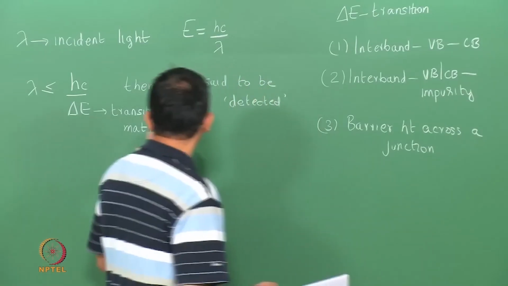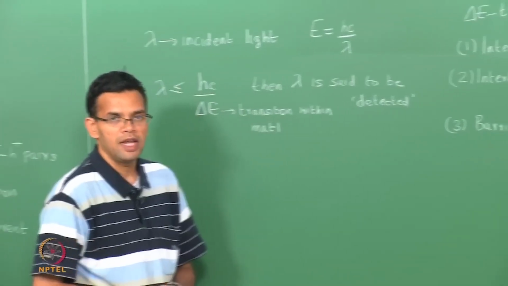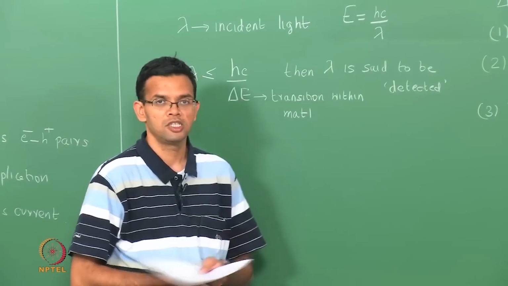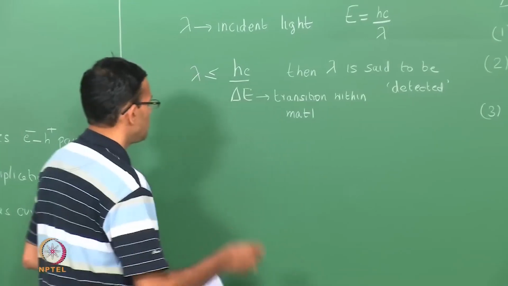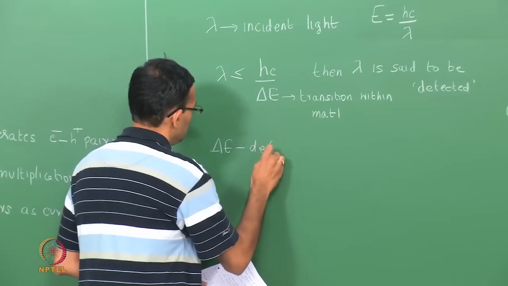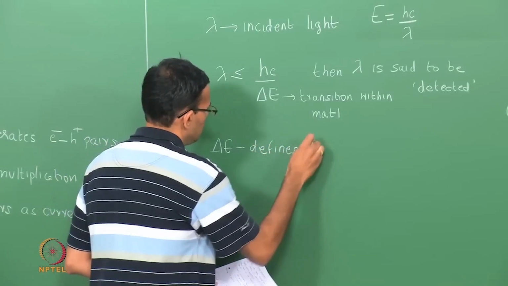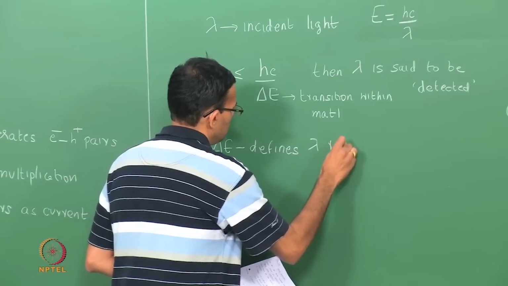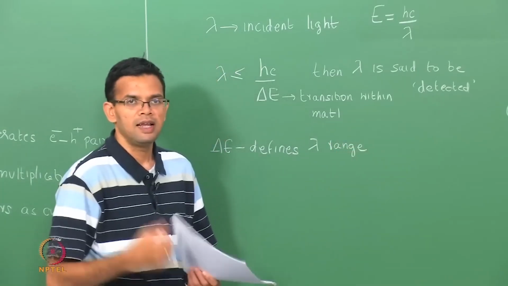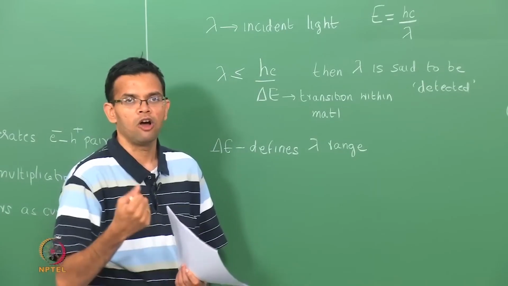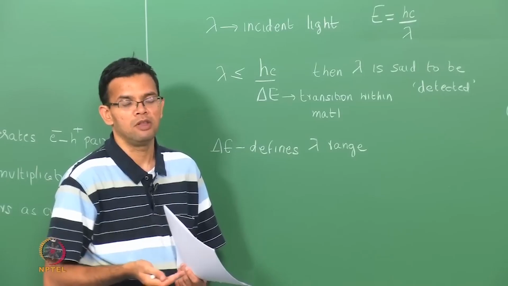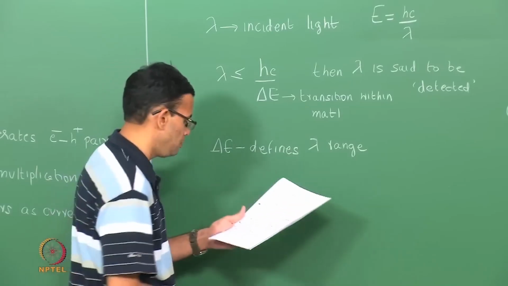So, this delta E depends on a variety of transitions, and this defines the wavelength range of your photodetector. More specifically, delta E determines the long wavelength range that is possible, or the maximum wavelength that is possible.